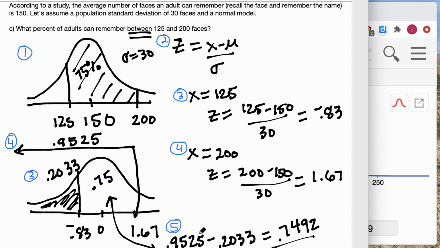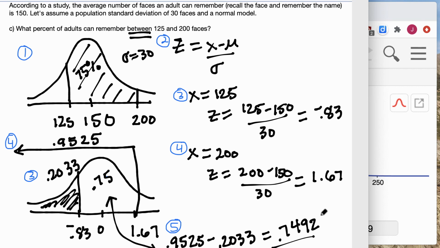So we say, well, the area to the left of 1.67, that's too much. It does include the middle chunk, but it also included the tail area. We don't want that area in our actual answer. So we will take that area in the tail, which we already computed, and subtract it from the 0.9525. So 0.9525 minus 0.2033, because that was the area in the left tail, that difference is our answer, 0.7492.